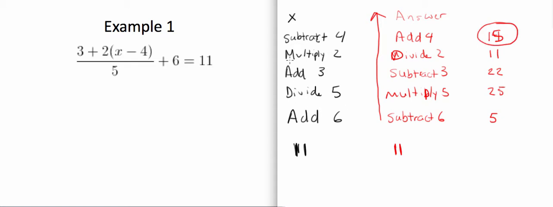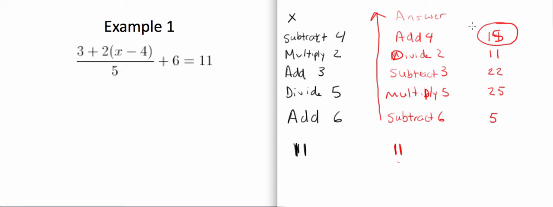If you want to, you can restart with this and go back through it to get our final answer. That's an easy way to do this. You could type this into your calculator and just do these steps and work your way backwards that way.